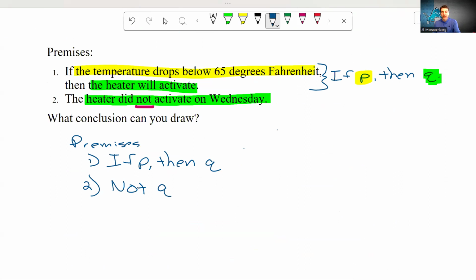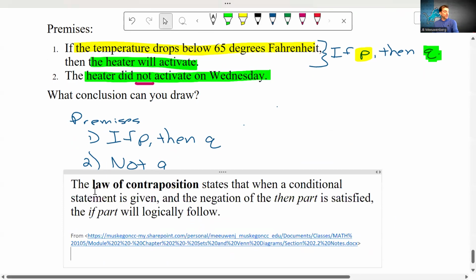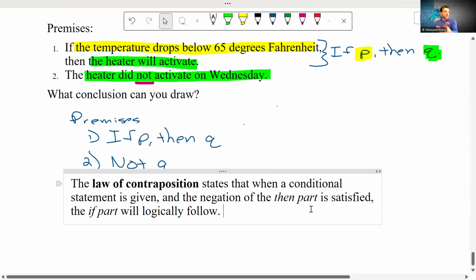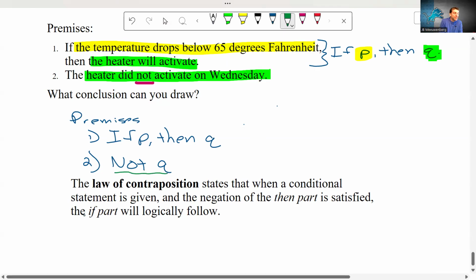So there is a second law. We used the law of detachment, and now we're going to use what is called the law of contraposition. The law of contraposition states that when a conditional statement is given, which we had, and the negation of the then part is satisfied, not Q, the negation of the if part will logically follow.